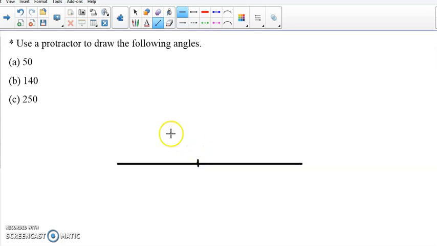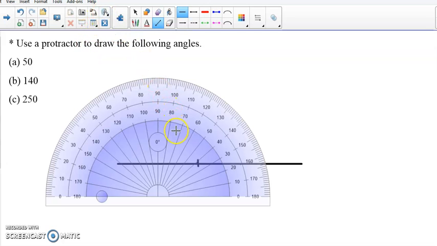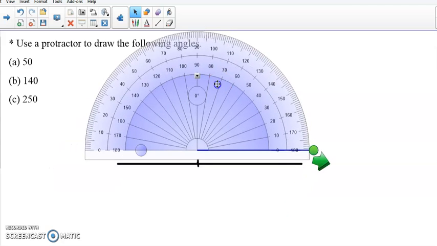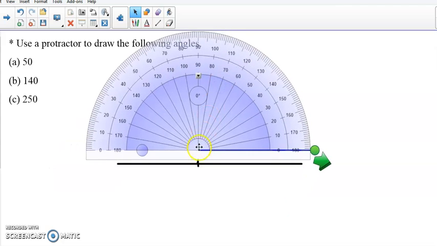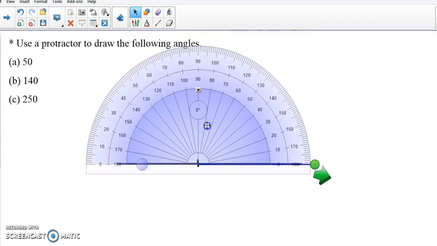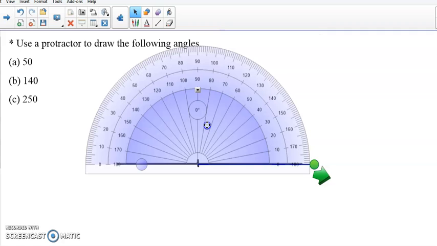Then I'll pick up my protractor and look at it. In this case, make sure that this 90 degree line will be on this line, while this 0 to 180 line will be on this straight line. So you place it in such a way that they match together. See that? They have matched together.